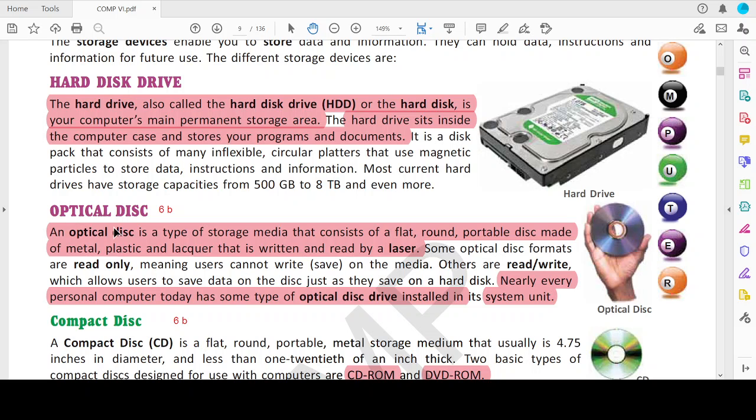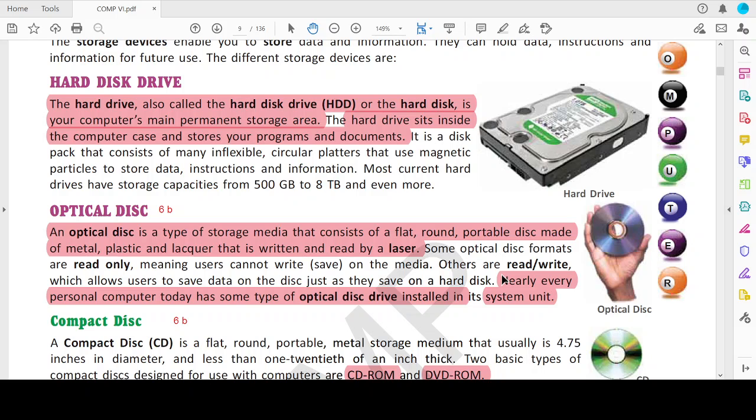So what is an optical disc? It's a disc that is read by a laser, and it may be read-write or read-only. If it is a read-only format, you can read the contents of the CD, but you cannot write.